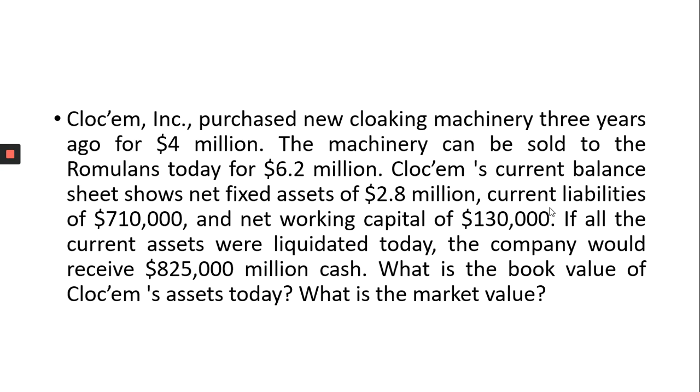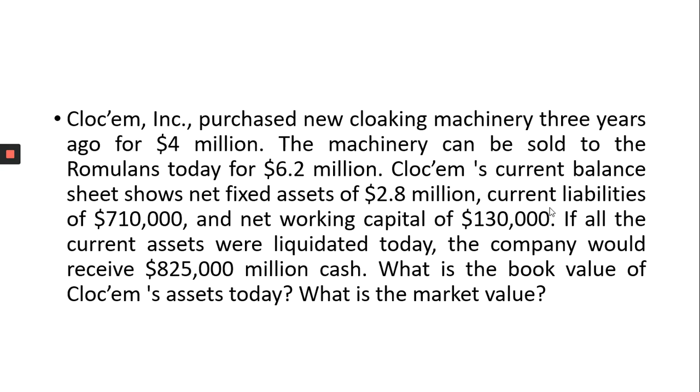This company's current balance sheet, and remember, when it says balance sheet, it means it is talking about the book, shows a net fixed asset of 2.8 million, current liabilities of $710,000, and net working capital of 130,000. These are elements of the balance sheet, so if we need to calculate the book value, we are going to need them.